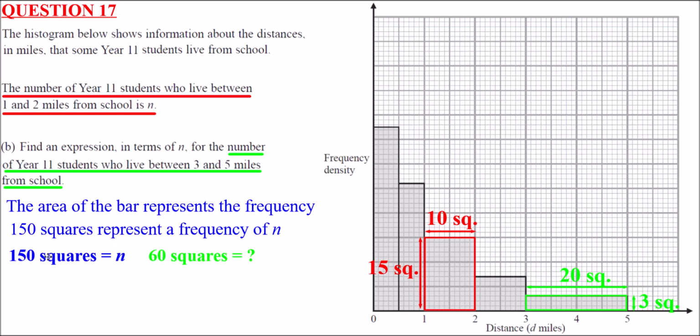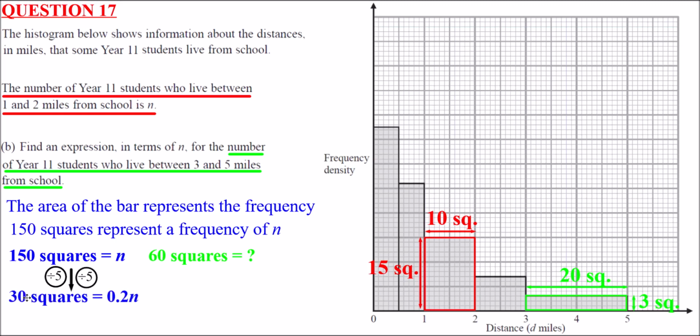Well, we've got our answer here essentially. We just need to scale down from 150 to 60. There's a few ways of doing it. You could divide by 150, then times by 60, but I'm going to suggest, just because you can, dividing by 5. If I divide by 5, 150 divided by 5 gives me 30, and 1n divided by 5 gives me 0.2n.